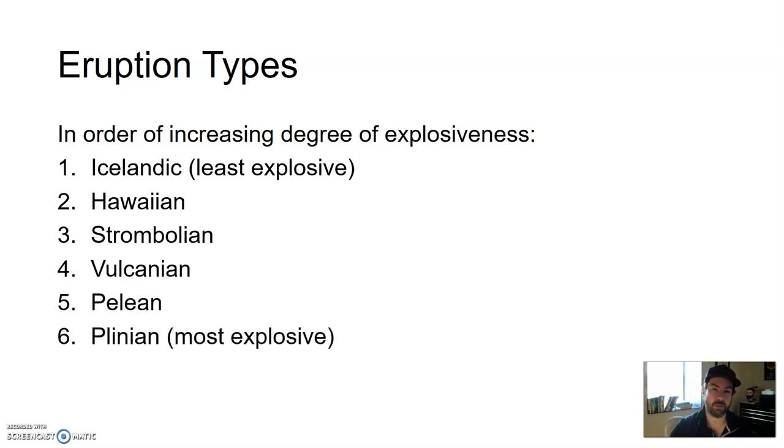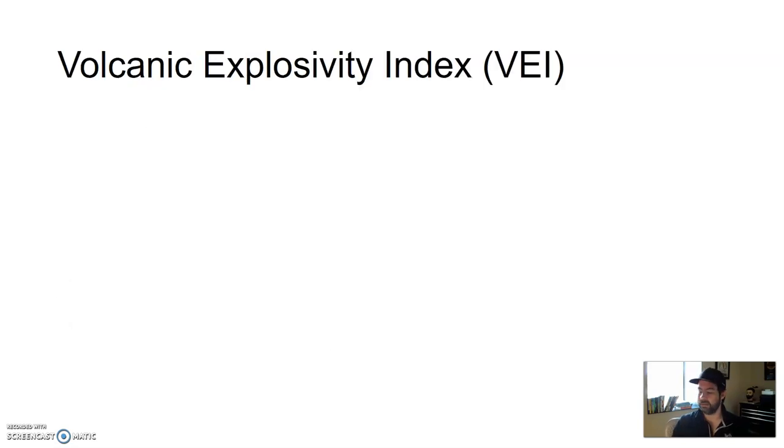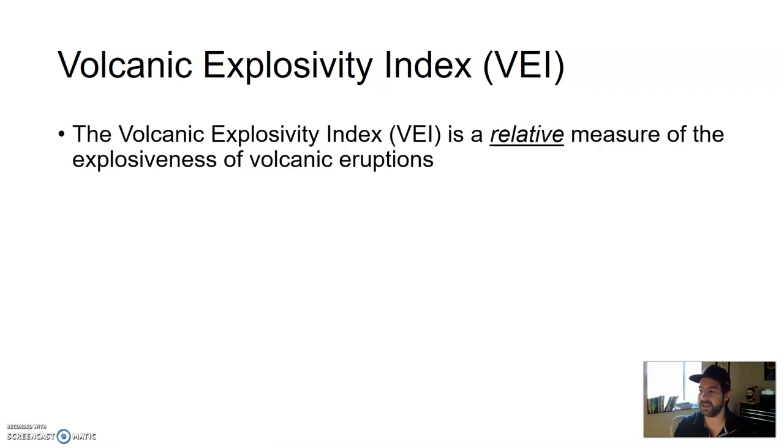The most explosive, with a little asterisk, the most explosive common type of eruption. Because there's one more that we can probably put on that list, and that would be a supervolcano, and that doesn't happen too often.